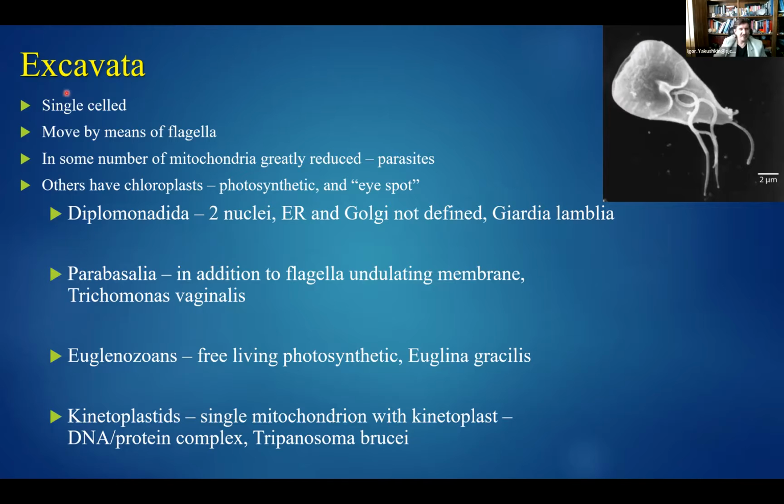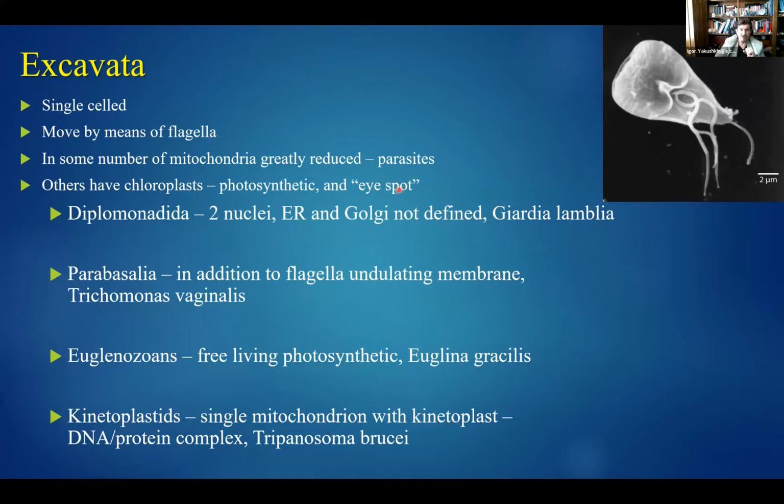So anyway, let's look at the first supergroup, known as the Excavata. Single-cell organisms, very important. They use one or several flagella. Many of them are parasites, some of them have chloroplasts, so they're like plants, but they're not. And they have something known as an eyespot.